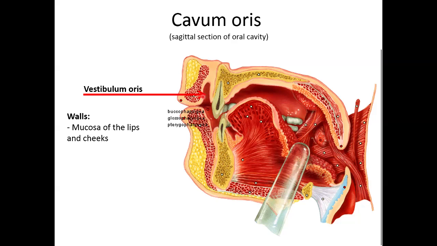So mucous sheet of the lips and cheeks are anterior and lateral wall of vestibulum oris, and posterior wall is the gum and teeth of upper and lower jaws.